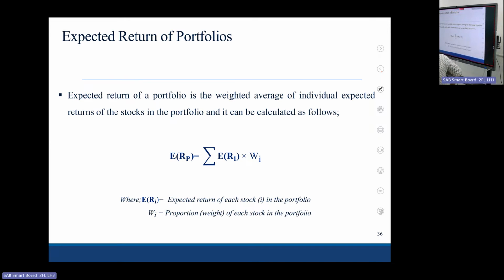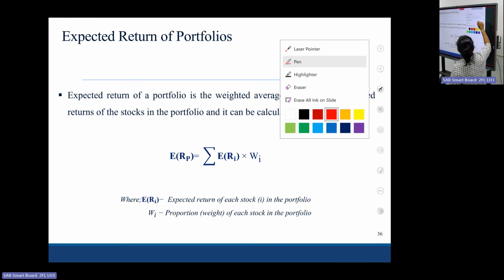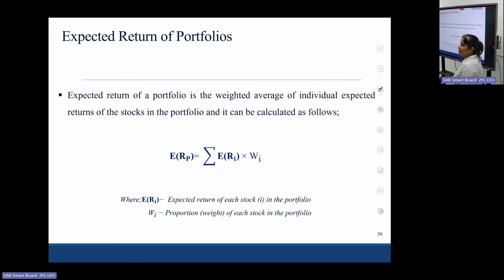Okay, right, portfolio expected return. Portfolio expected return is easy. We can calculate it simply by the weighted average expected return of the individual assets in the portfolio. If your portfolio consists of 10 assets, then you know the weight on each asset.